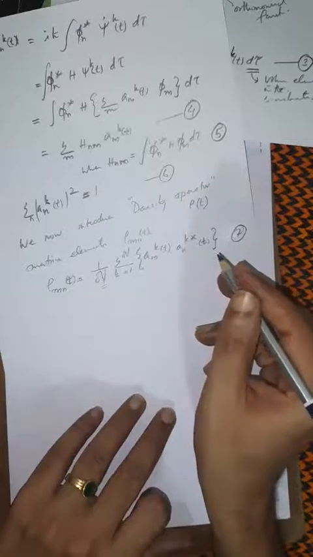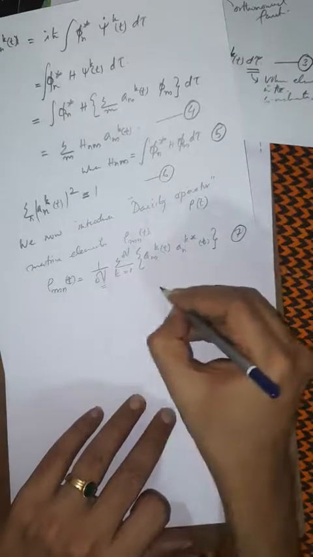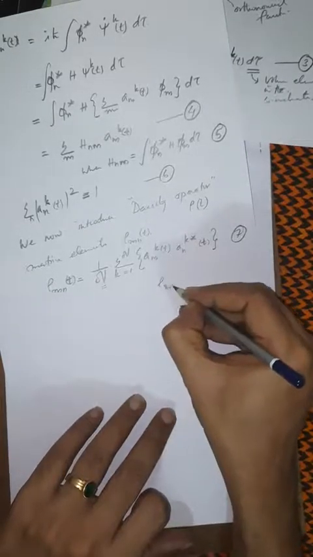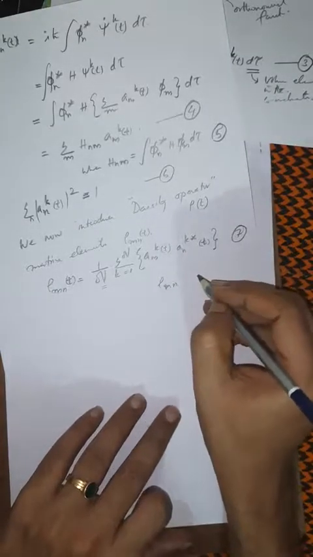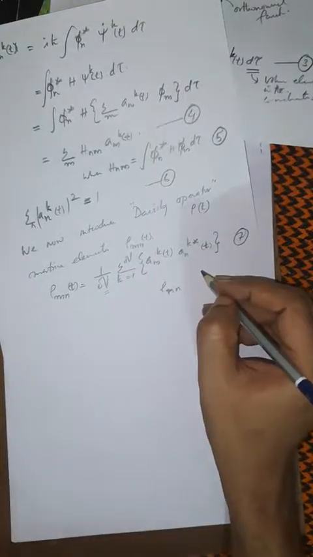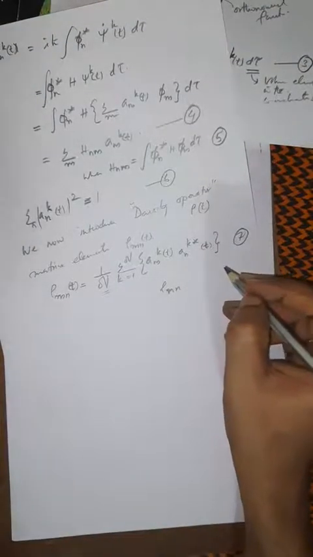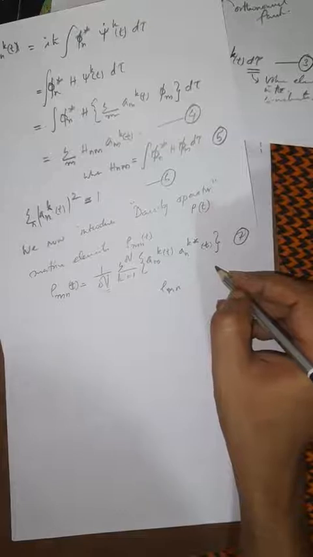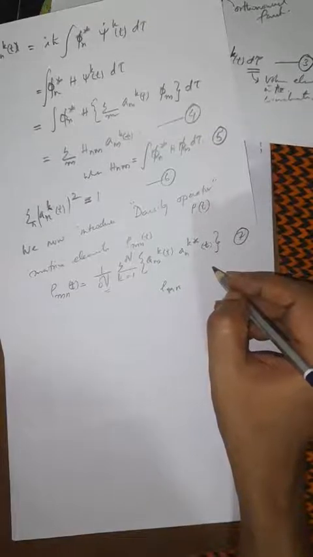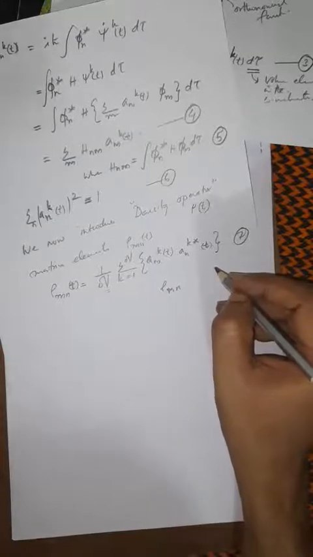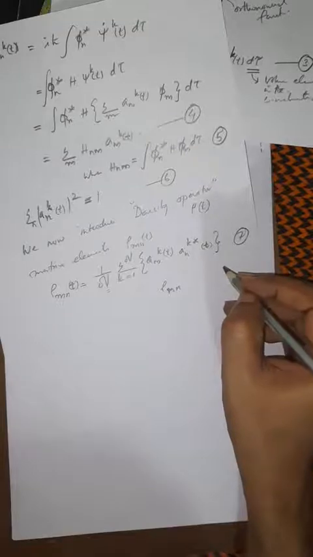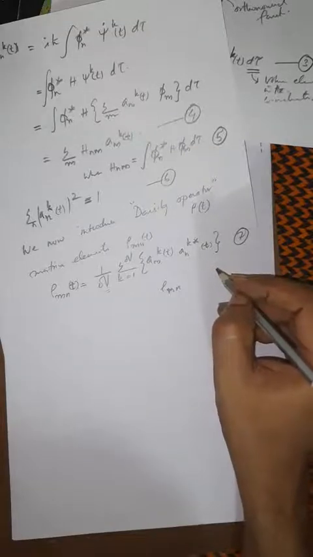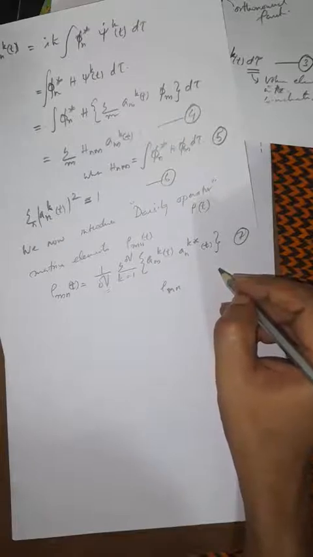So the diagonal element rho_nn will basically give me the ensemble average of the probability A_n(t) squared, right? Basically, it's a case of a double averaging.